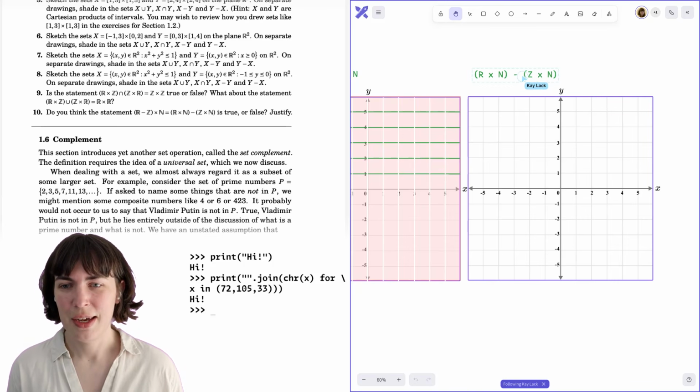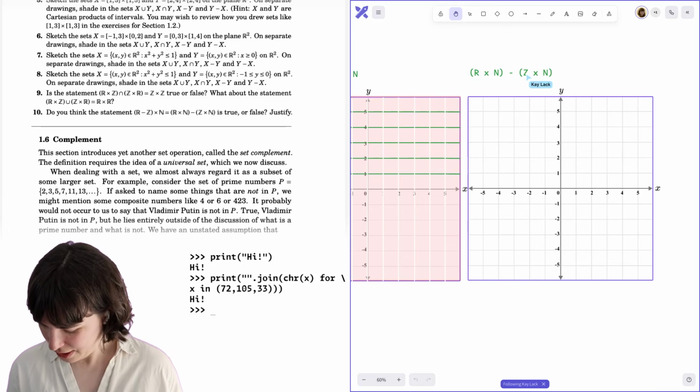Okay, so this is in a different form. Let's think about the x's first.